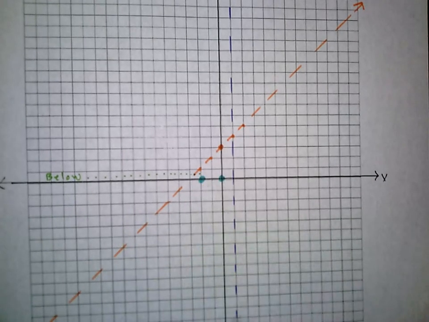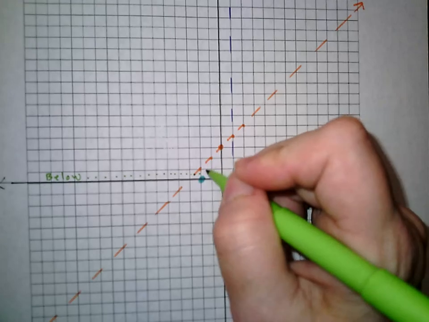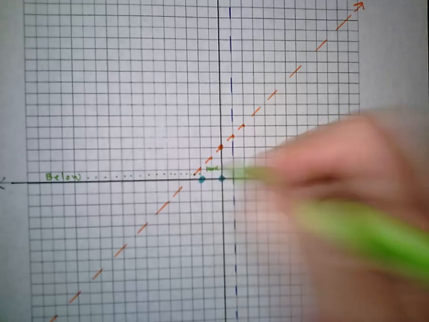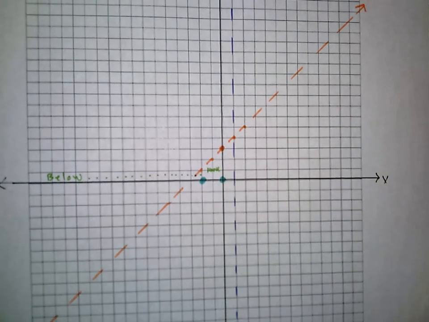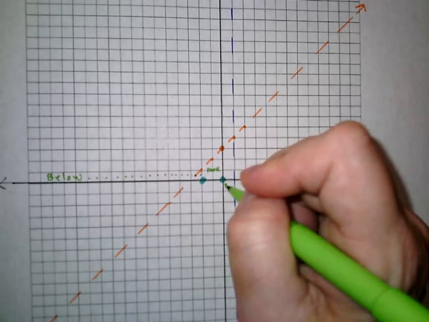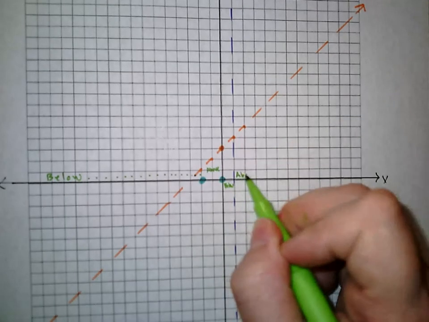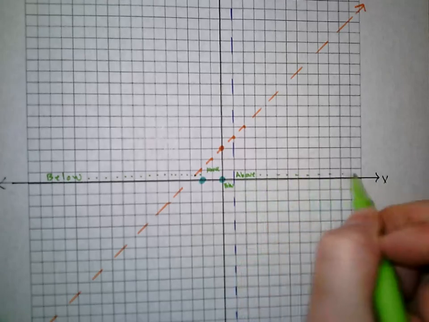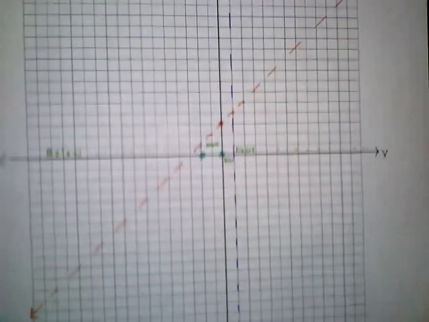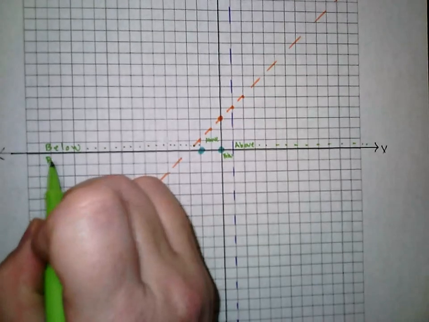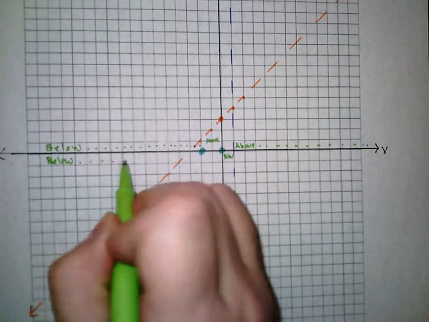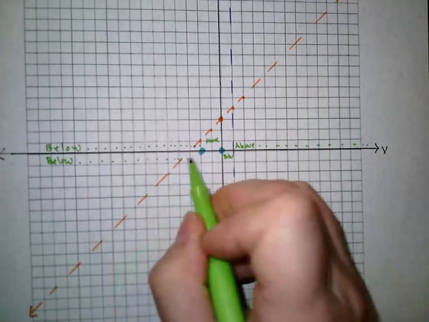Then in between negative 2 and 0, it's above. And then between 0 and 1, it's below. And then 1 to infinity, it's above again. I guess I should have put my below down here. That would have made more sense. All the way up to here.